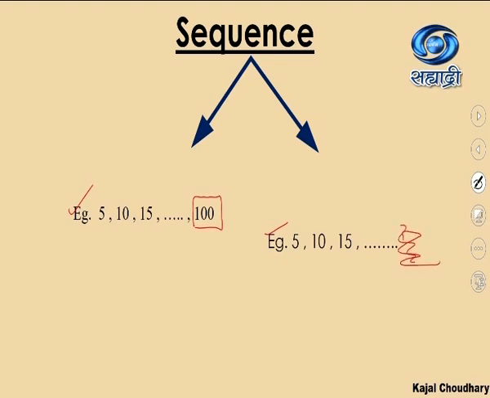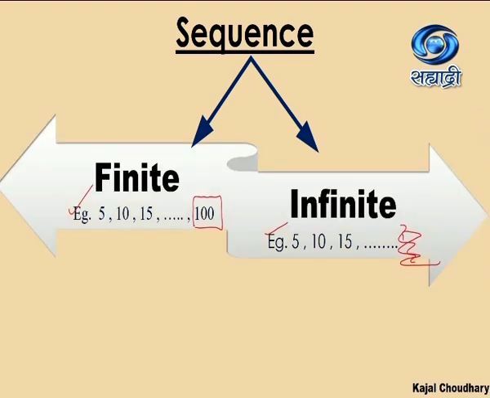Although the first 3 members are the same, the last term of the first sequence is known, whereas the last term of the second sequence is not known to us. So such examples are the examples of finite and infinite sequences.